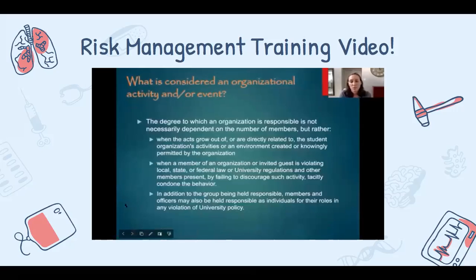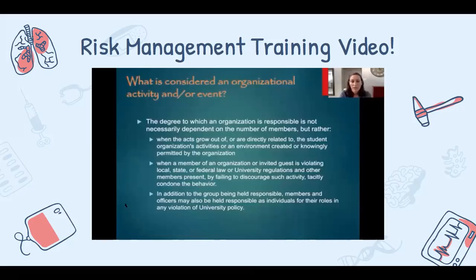The degree to which an organization is responsible is not necessarily dependent on the number of members, but rather when the act grows out of or is directly related to the student org's activities or an environment created or knowingly permitted by the organization, when a member of an org or invited guest, so guests are included in this as well, even if they're not HBU students, is violating local, state, or federal law or HBU regulations, and other members present, by failing to discourage such activity, tacitly condone the behaviors by not stopping the behavior.